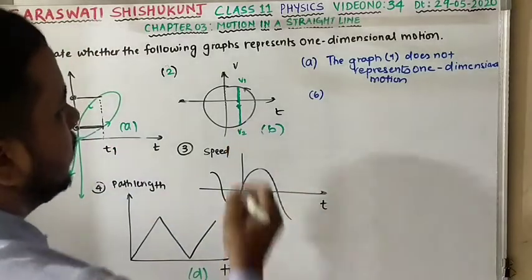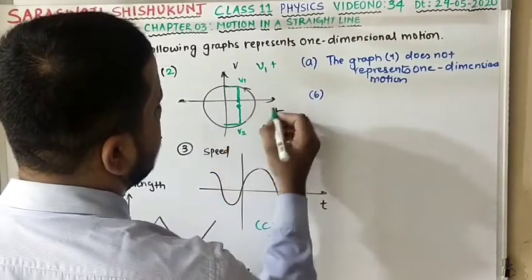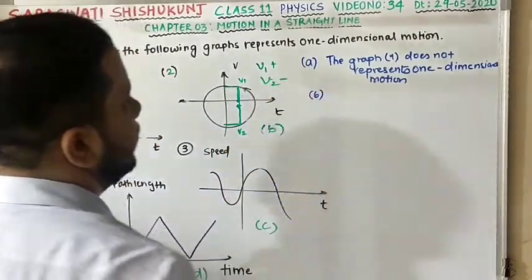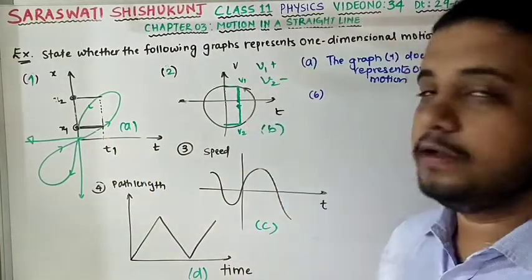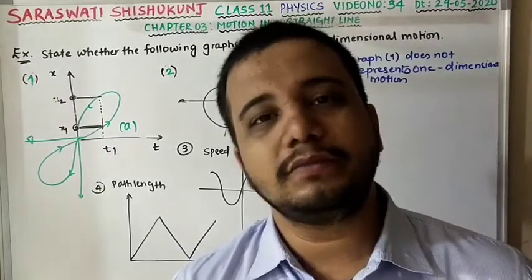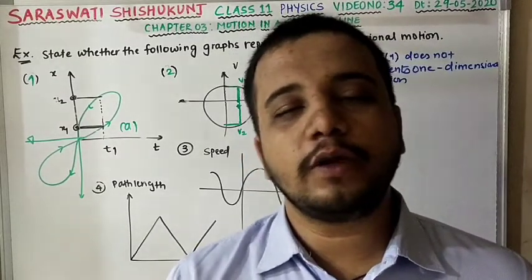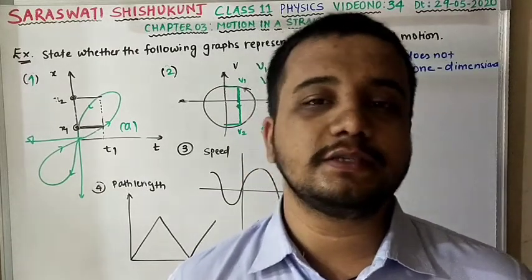V1 is positive, V2 is negative. At one time instant there are two values of velocity, one positive and one negative. Is it possible? At one time instant we don't have two positions, then how will two velocities be possible? One is plus and one is minus.